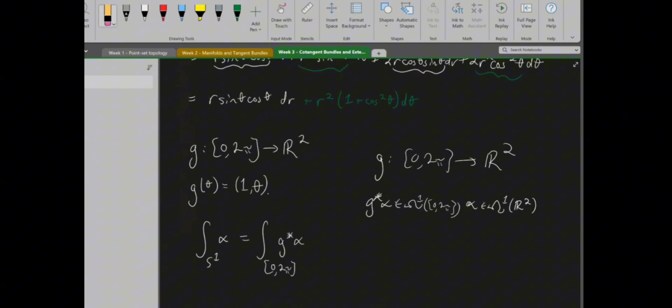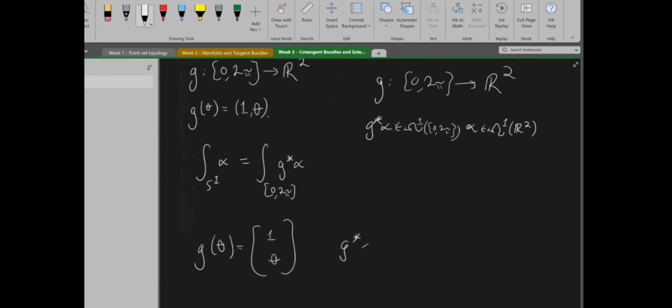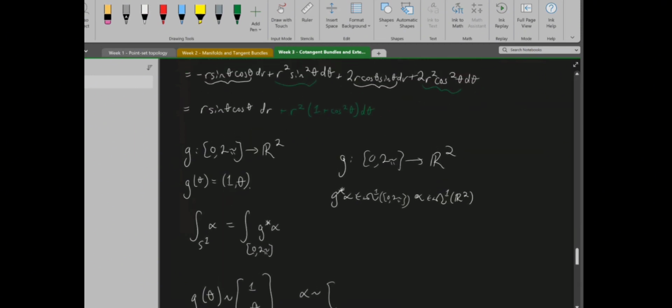But the way you actually do this is you say, okay, now we need to compute what G star alpha is. In other words, G of theta as a function is equal to, well, it lives in R2, the value does, (1, theta). If I want to pull back G star alpha, well, remember what alpha is. It's a differential one form, so I should be able to write it in terms of r and theta components for R2.